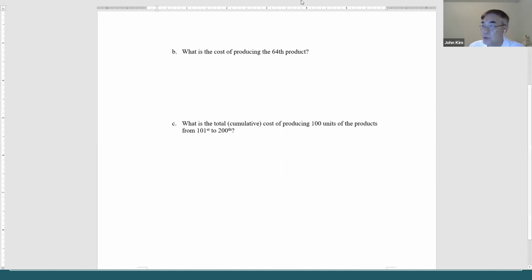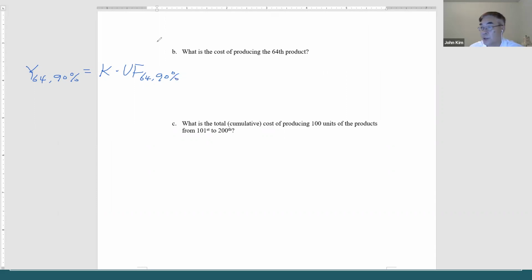Still we use unit factor. So that is Y 64 at 90% equals K times unit factor 64 at 90%.